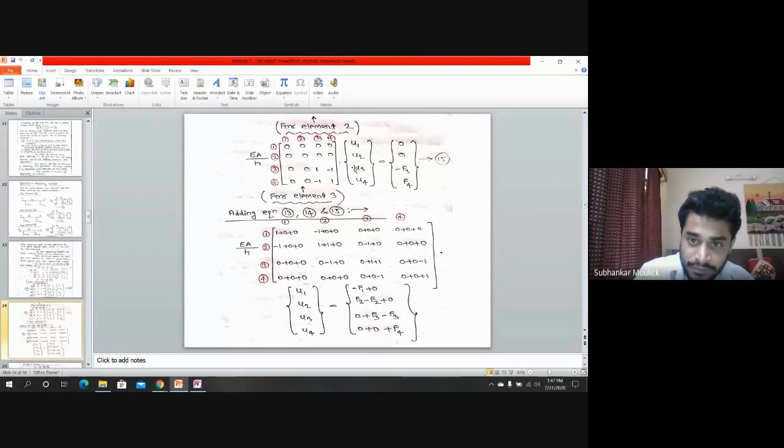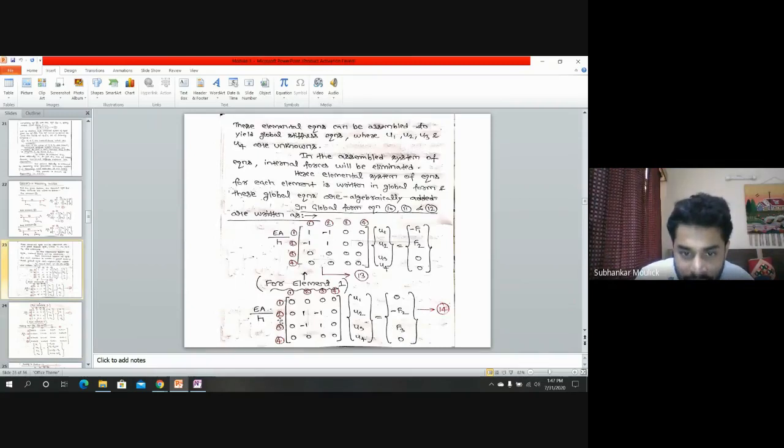Into your displacement vector, which is nothing but u1, u2, u3, u4, now you have to add the force. For equation number 13, the first row is minus f1, plus for equation number 14, the first row is 0. So minus f1 plus 0.